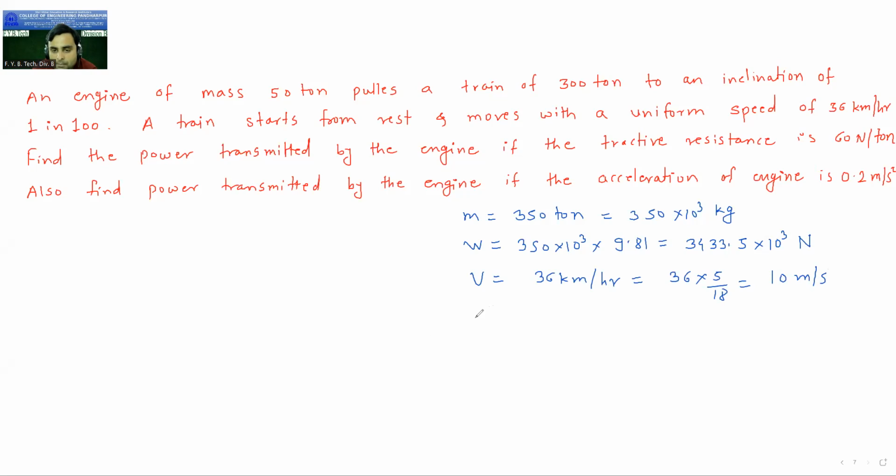Okay. And power we need to calculate. What is power? They have asked us. So here we will draw the diagram. This is inclined plane. Here the train is there.